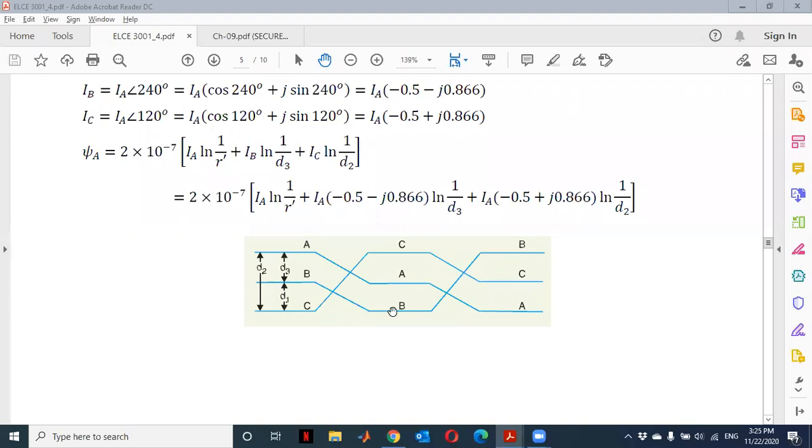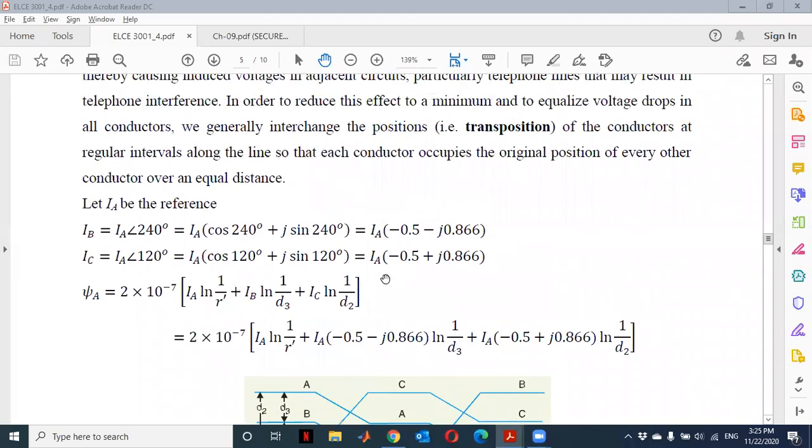This is called transposition. In transposition, we will fix the problem of asymmetrical spacing, in order to avoid an unbalanced system.